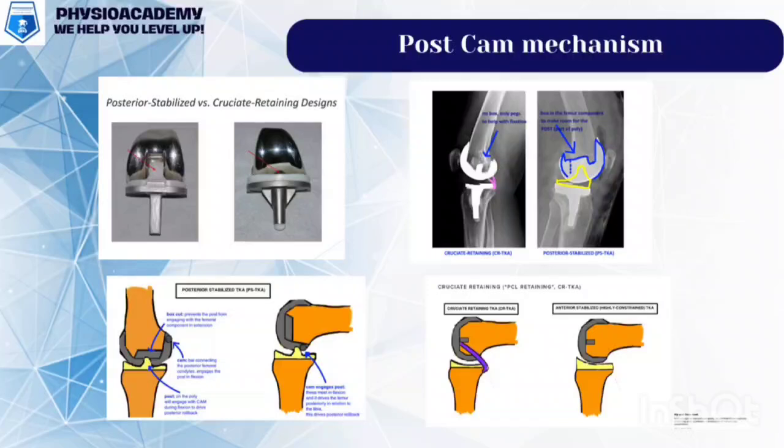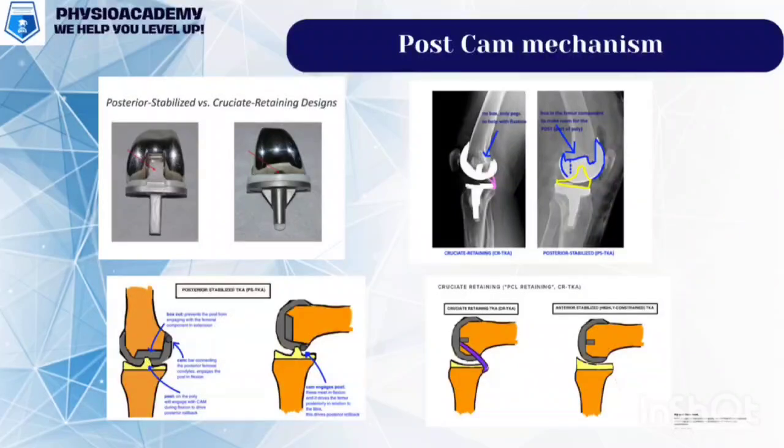The yellow component has the post-cam mechanism. What does this mean? It has a certain kind of fixation on the femoral component with the polyethylene, that is the yellow elevation. With that yellow elevation there will be a certain fixation in the structure, and this will prevent hyperextension at the knee joint, which is a main function offered by the PCL. So this is how it helps in stabilizing the knee joint.